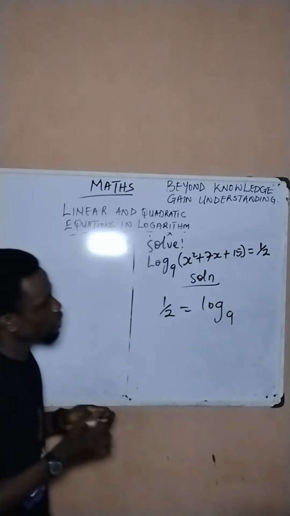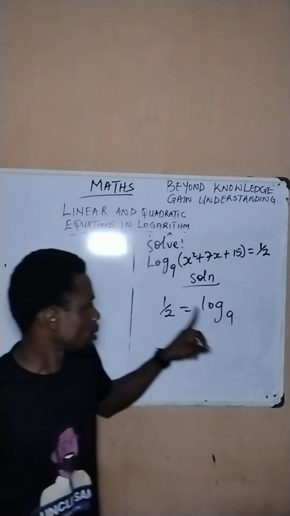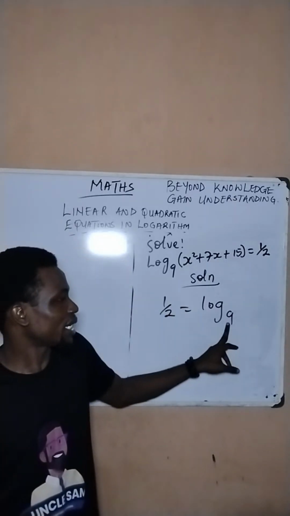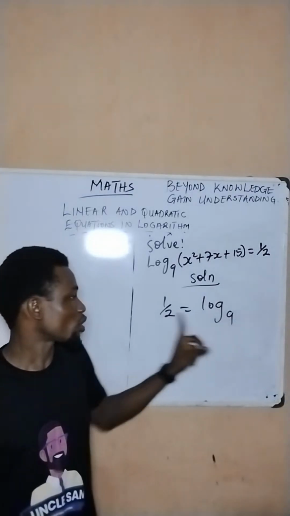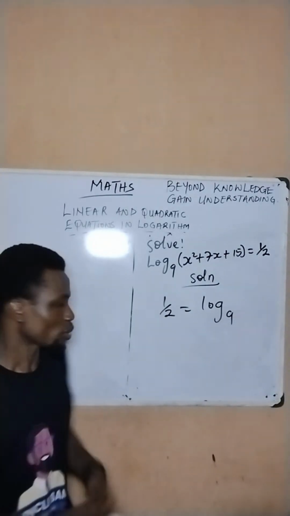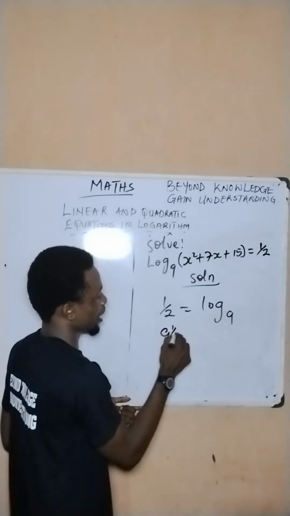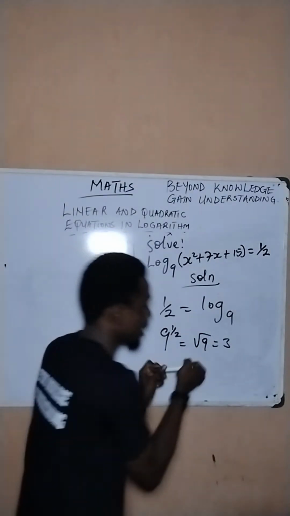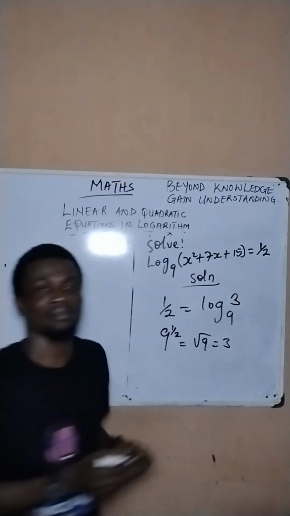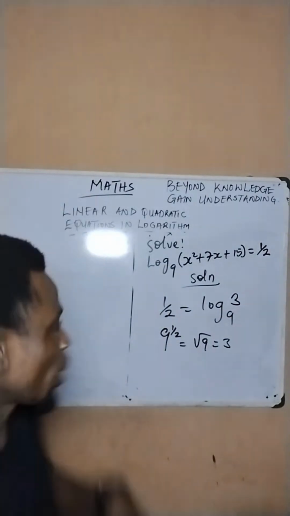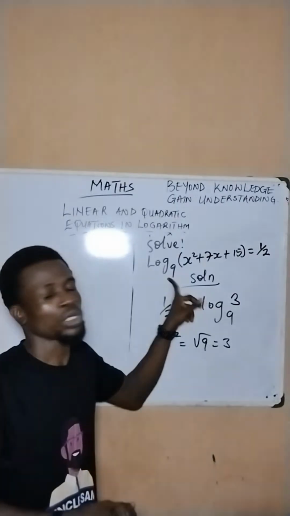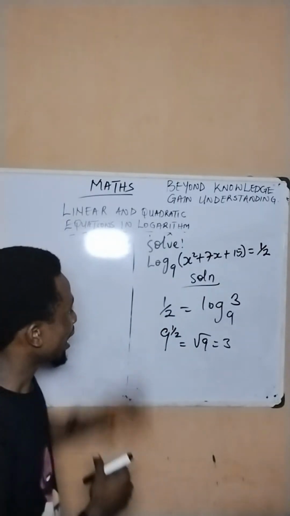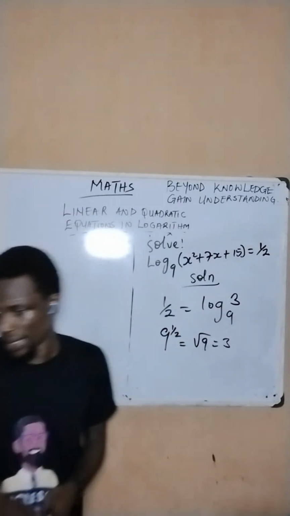What is equivalent when 9 is raised to the power of half? 9 raised to the power of half is the same thing as the square root of 9, which gives us 3. That means 3 is the log. Why did I choose base 9? Because we want it to correspond with what is on the left hand side.